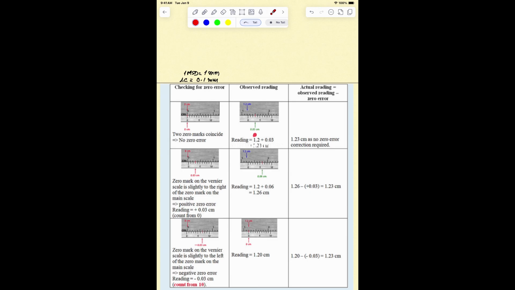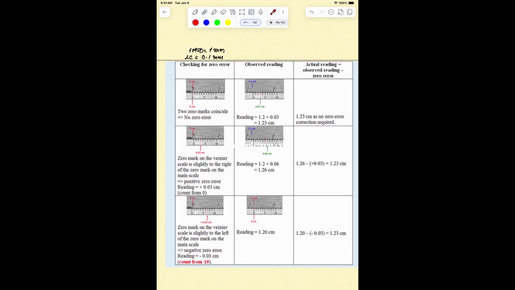Therefore the reading is 1.2 plus 0.03, 1.23. Since there is no zero error, no addition or subtraction is required, zero correction is not required. 1.23.